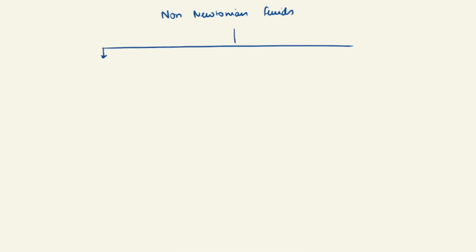The second is non-Newtonian fluids. So I'll write it on a different page. Non-Newtonian fluids. They are categorized into two categories. First is time independent. Second is time dependent.